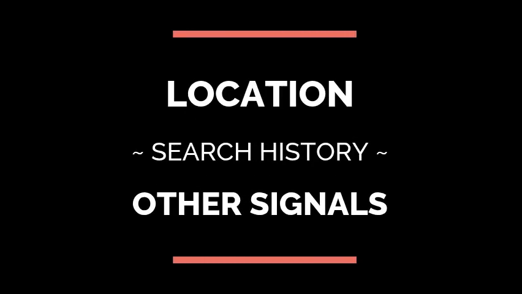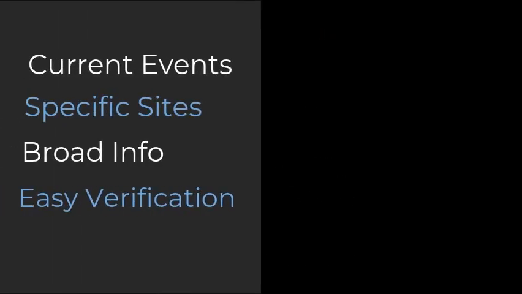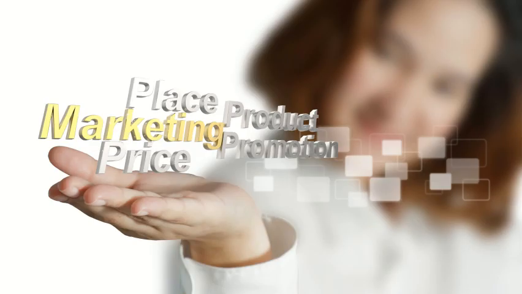Google also personalizes results based on your location, your search history, and other signals. Two people searching the exact same thing can get very different results. Google is genuinely great for finding current news and events, locating a specific website you already know exists, getting a broad orientation on an unfamiliar topic, and quick factual lookups where accuracy is pretty easy to verify.